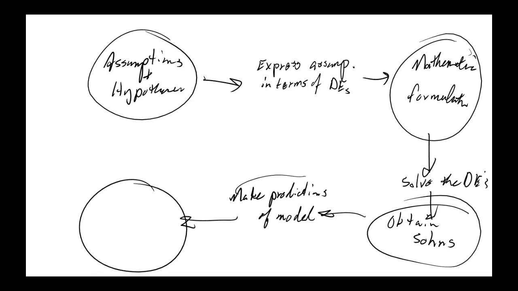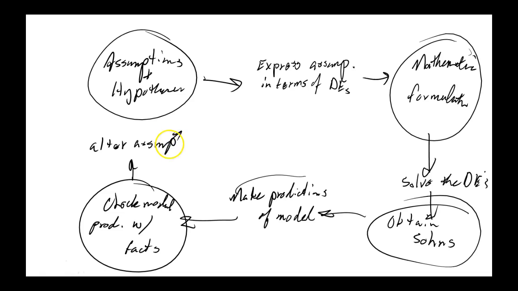Now, what you do then is check the model predictions that you made with the actual facts. Okay? Now, this step: alter assumptions. If it doesn't quite match up or really does a lousy job, alter your assumptions.